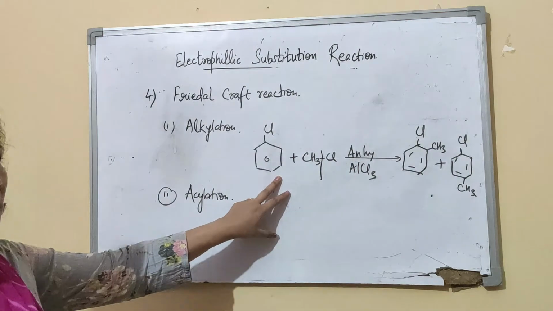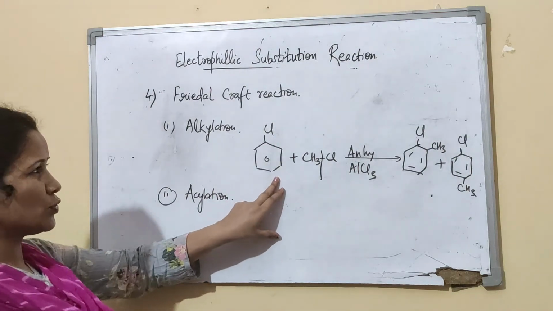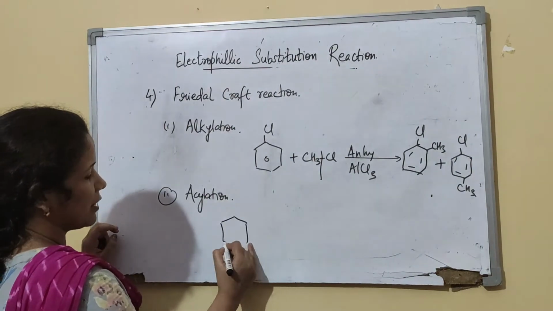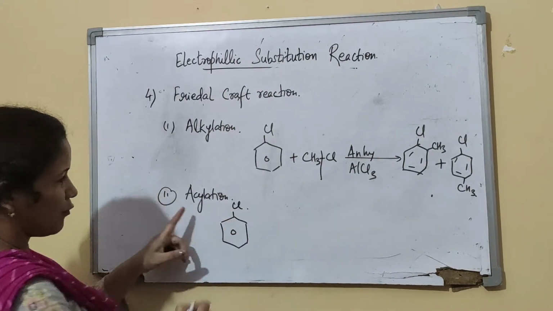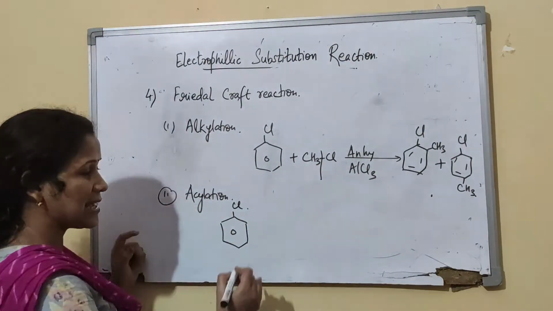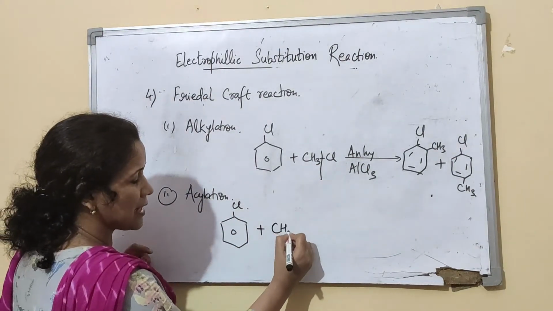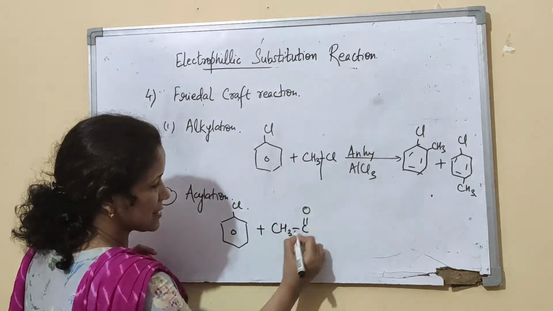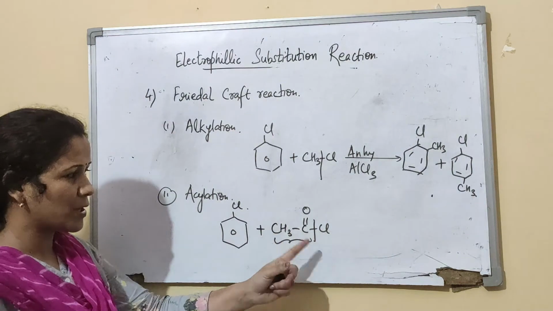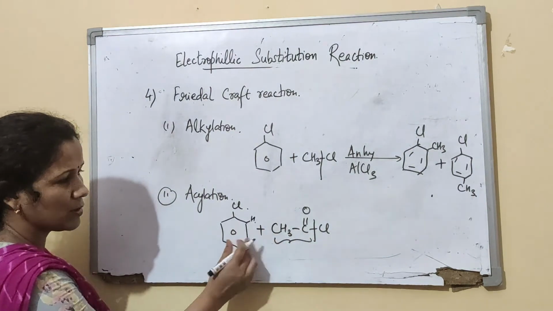Coming to the second one, that is Friedel-Crafts acylation. If I take chlorobenzene, now the word acylation means this is an alkyl halide, this is an acyl chloride. So how do we write acyl? This group will be known as acyl. This is acyl chloride. Same way, this group gets attached, one hydrogen you will take from here.